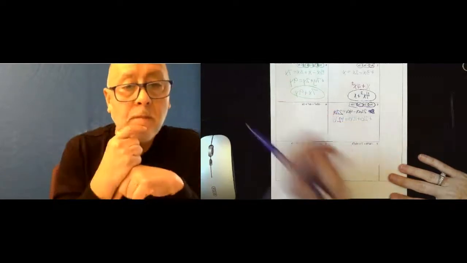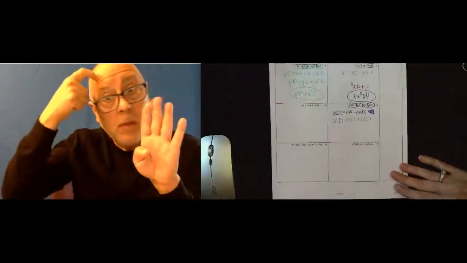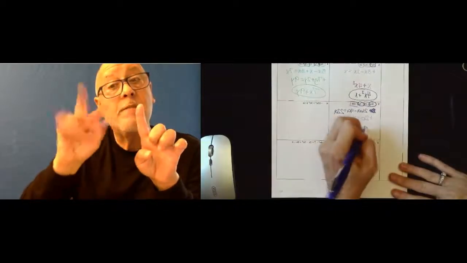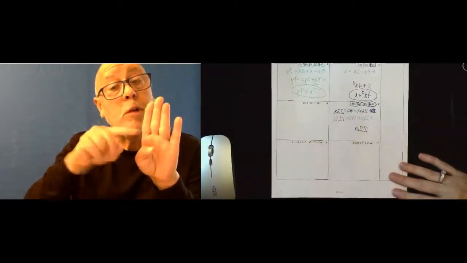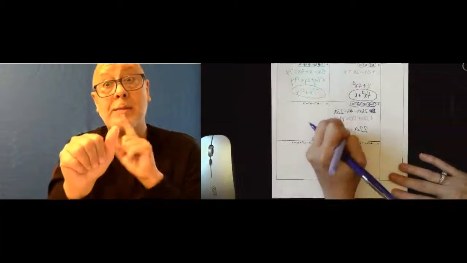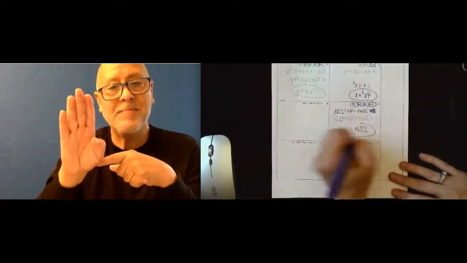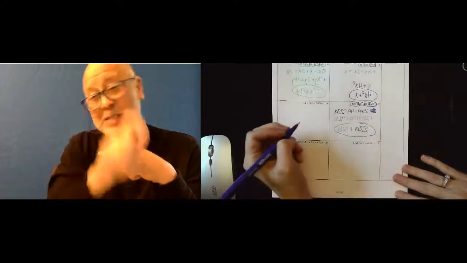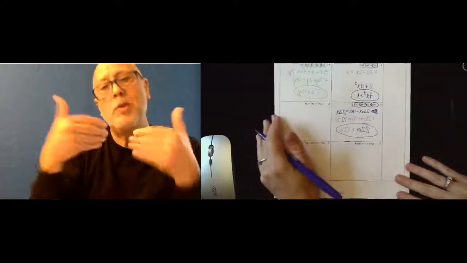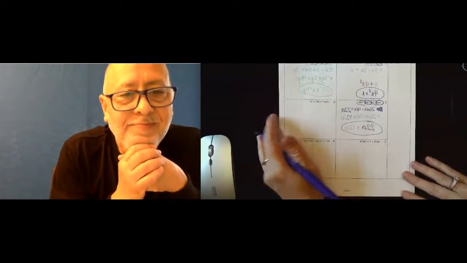Can't forget the b, can't forget the variable. So my answer is going to be 22a plus 12b. Circle it, and we can move on.